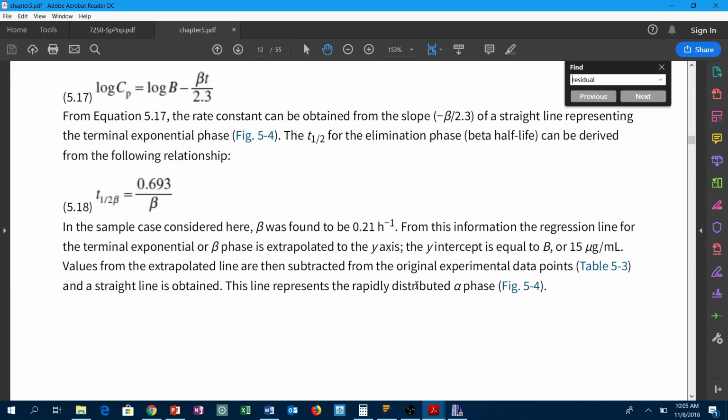Alright, so once we have our orange line, we're going to say 30 minus 9 is going to be 21. Make my first point there at time 0. Then I'm going to take 28.6, which is right here, and 0.38.